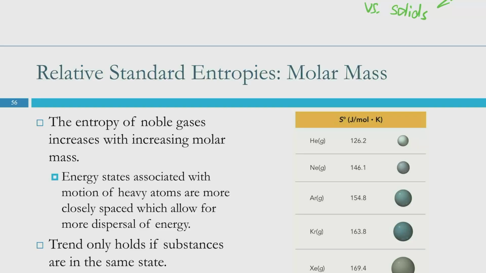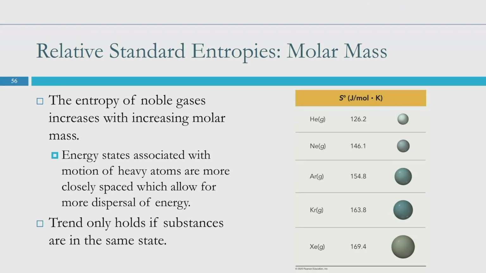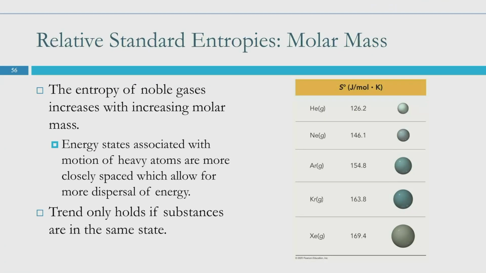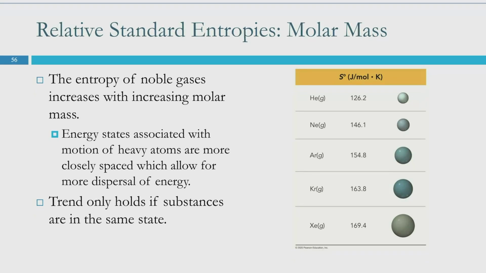Molar mass also plays a factor. For the previous one, for a particular compound or molecule, we could compare across the different states. With molar mass, we can compare within a family or a class of compounds that are all in the same state. If we look at the standard molar entropy for helium going all the way up to xenon, it increases as we increase molar mass.